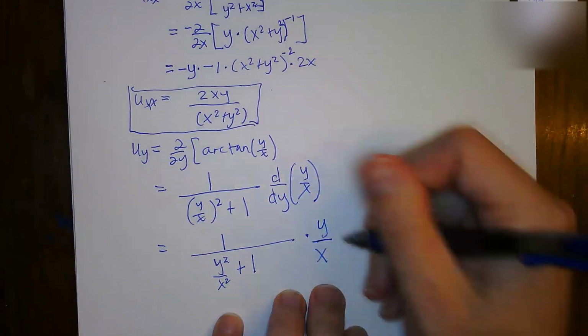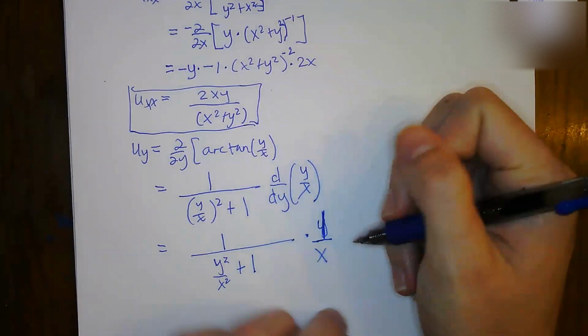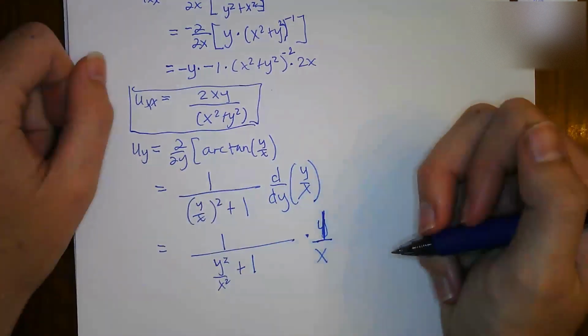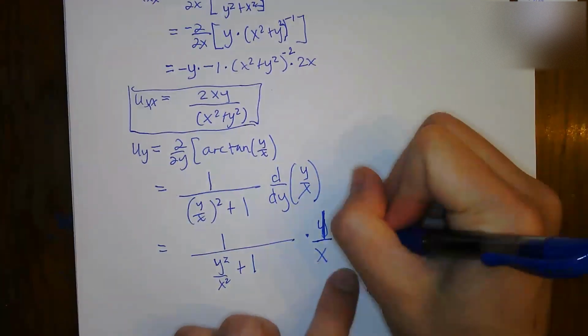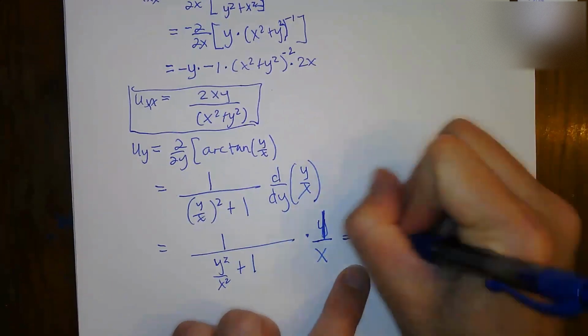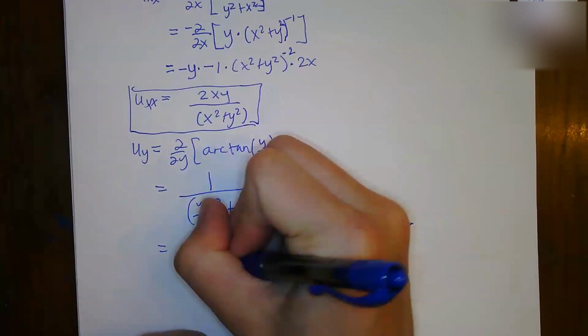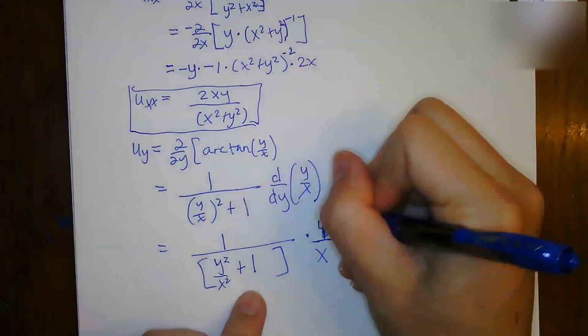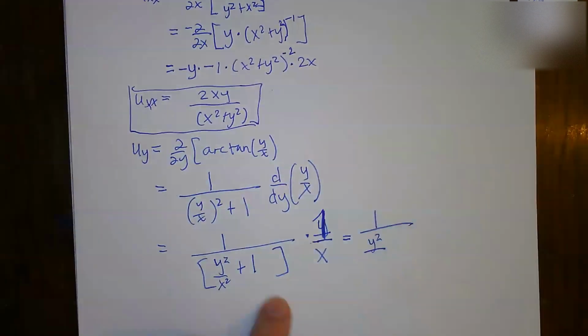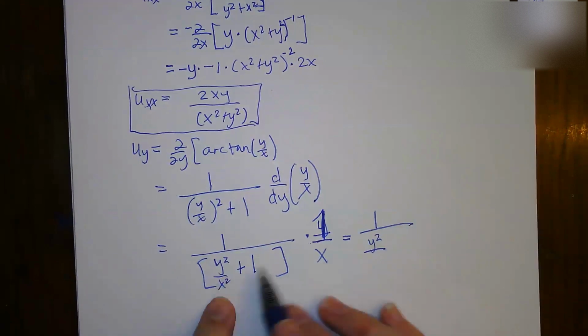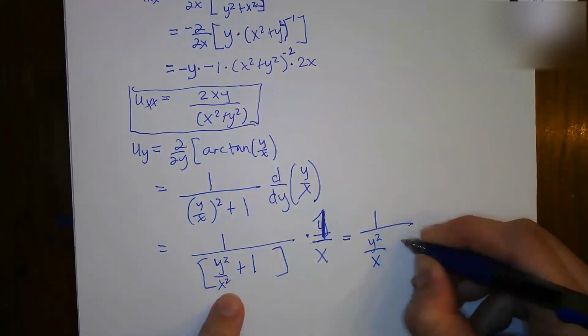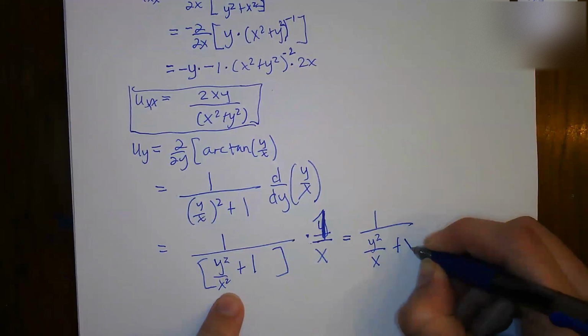Because, well, I guess the derivative of y is 1. And so then we get 1 over x, and then that's equal to 1 over y squared. If we distribute this x into this term here, sorry, this is a 1. And if we distribute this x into here, we end up with y squared over x plus x.